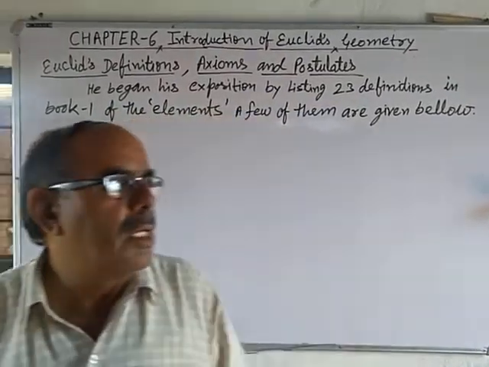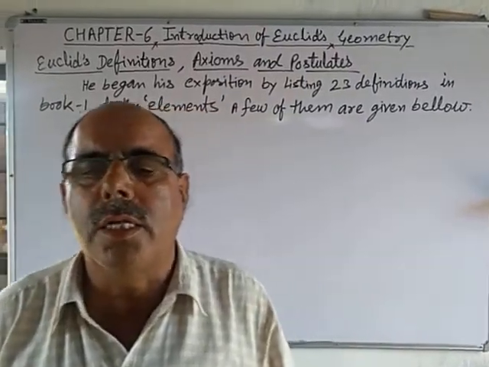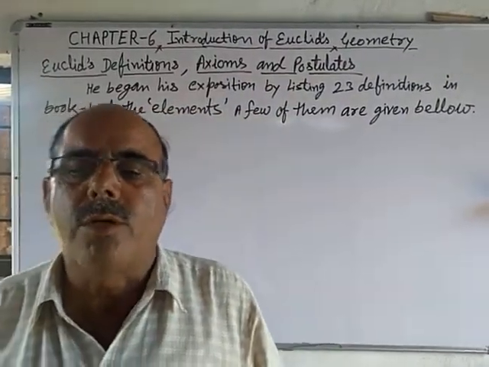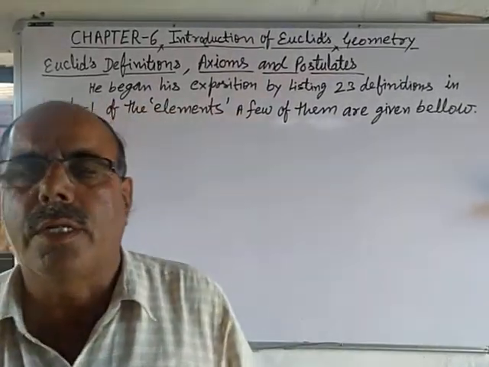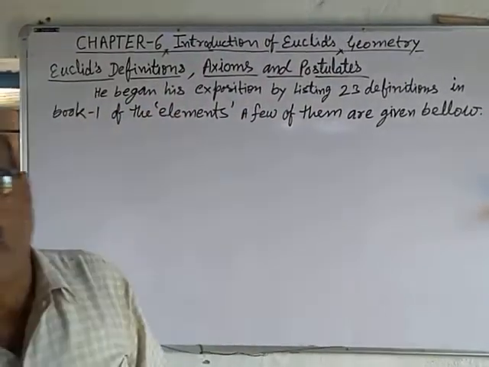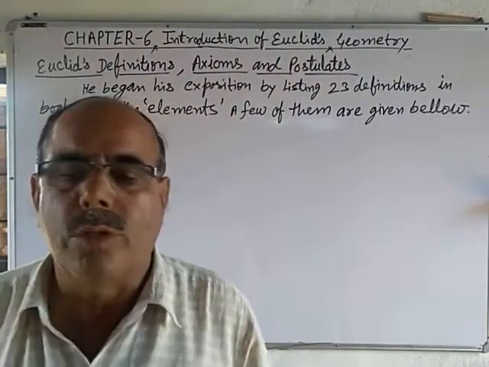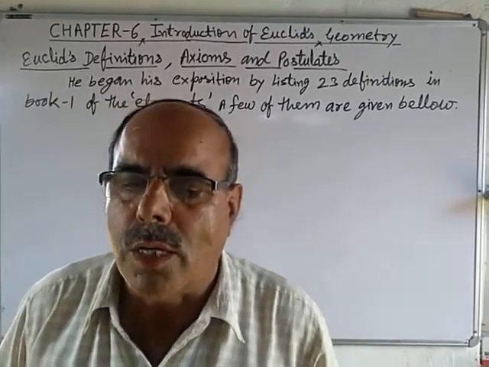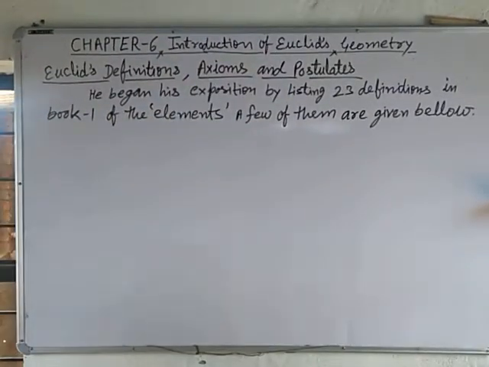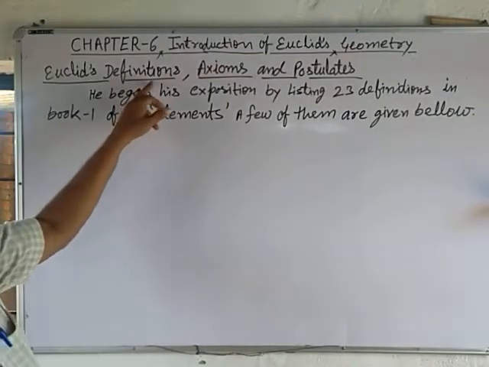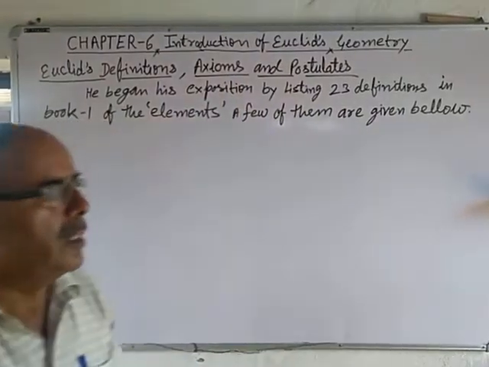He is a Greek mathematician, and his axioms, postulates and their definitions are in his book called The Elements. Euclid gives some definitions, axioms and postulates.